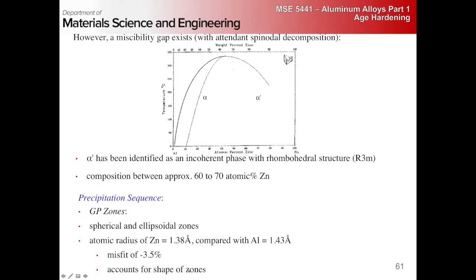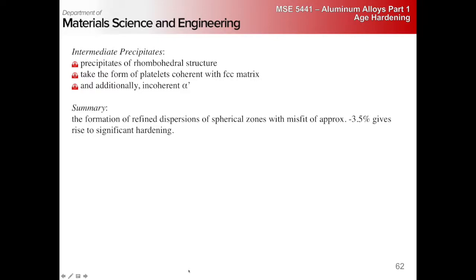So that's why we get this shape. The intermediate precipitates are rhombohedral, right? And we end up with coherent FCC matrix, but incoherent with the alpha prime.